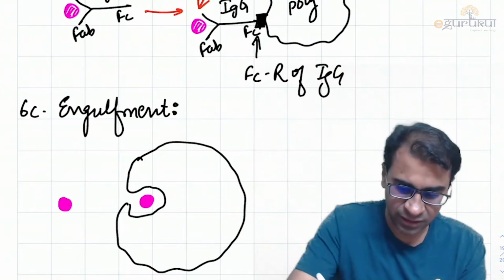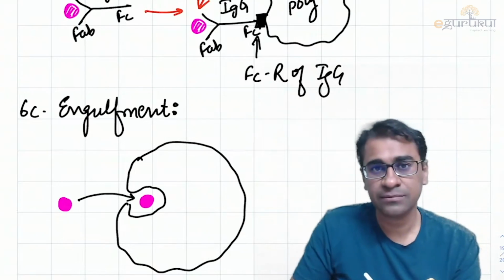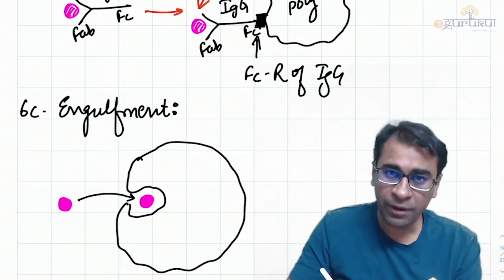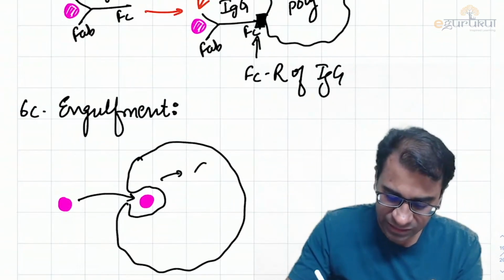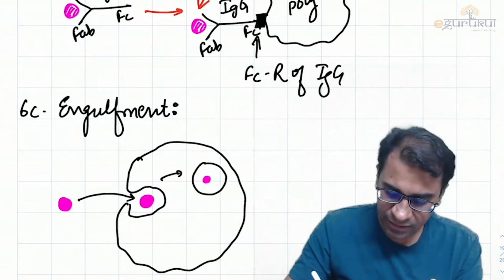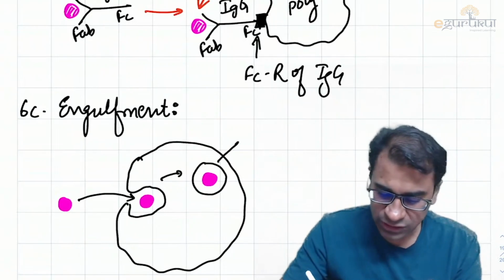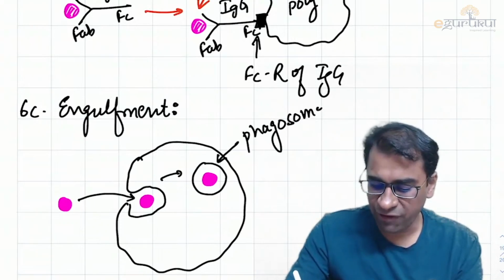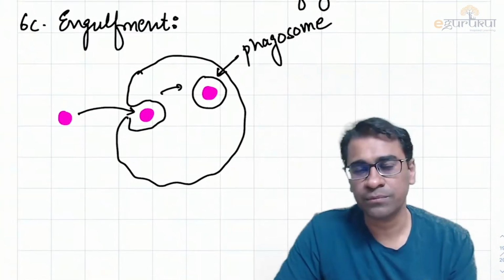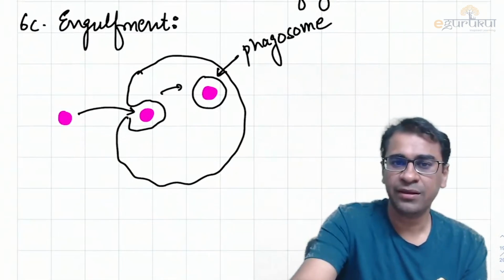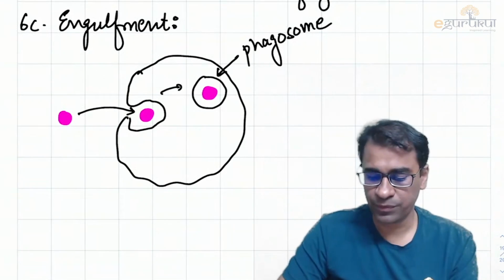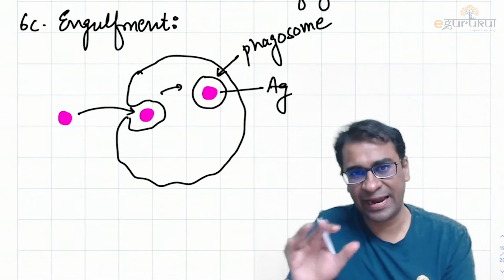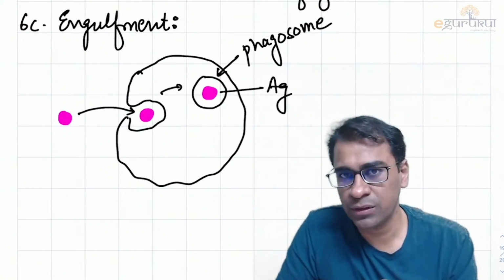The moment it moves inside the pit, this antigen comes inside the vacuole, and the vacuole is called as a phagosome. So phagosome has what? It has the opsonized antigen or any antigen inside it. It's called as phagosome. Okay?